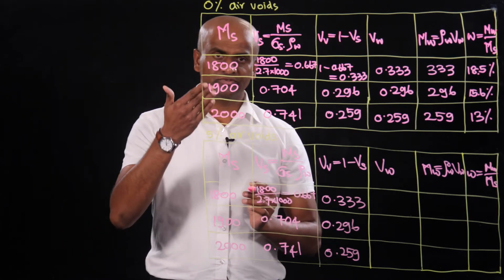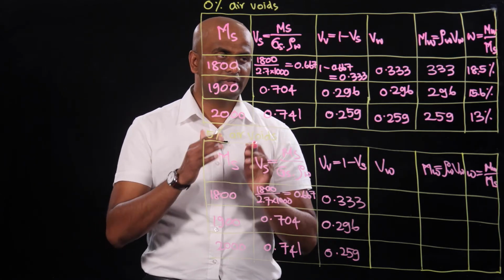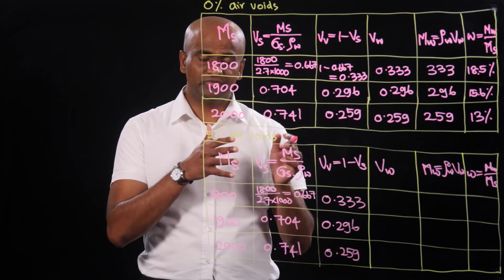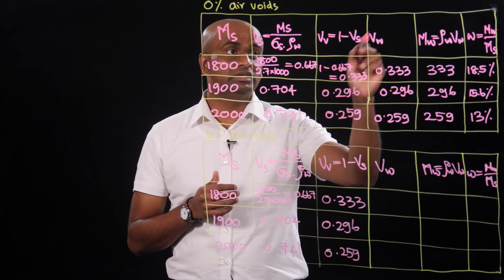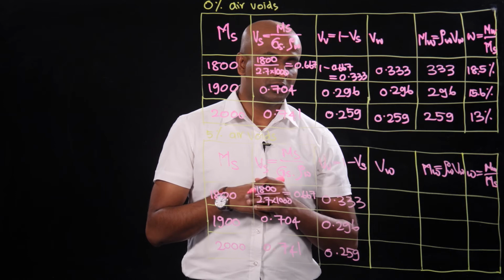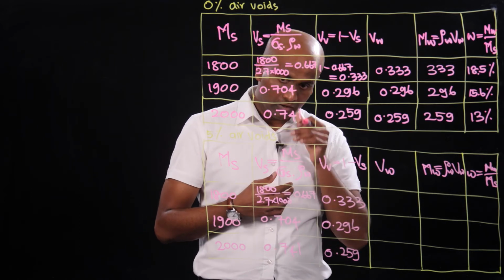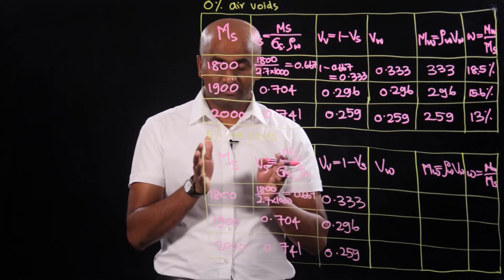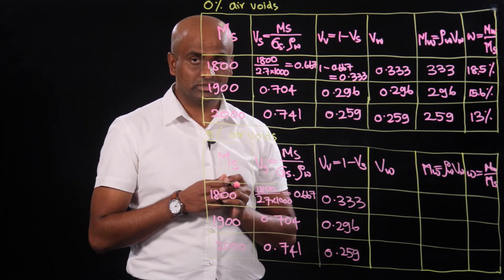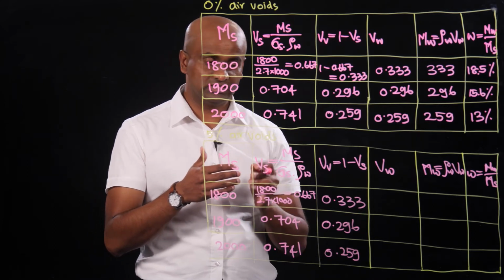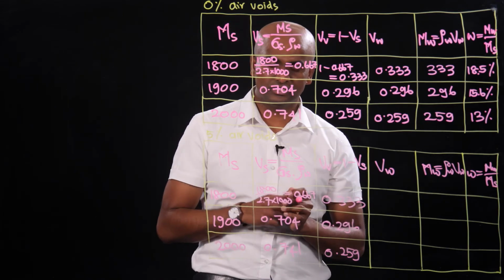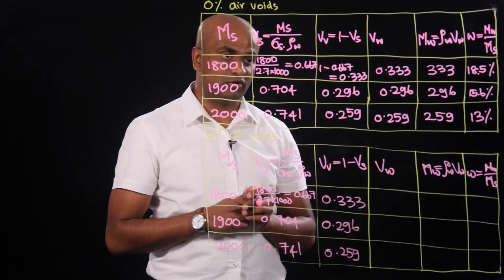Now the volume of water. In the previous case for the 0% air voids there was no problem, because the total void volume is filled with water, therefore the volume of voids was equal to the volume of water. However, in this case our total void space is not filled with water. Only 95% of the total void is filled with water, because there is a 5% air void. So we are considering a situation where the soil has 5% air voids.